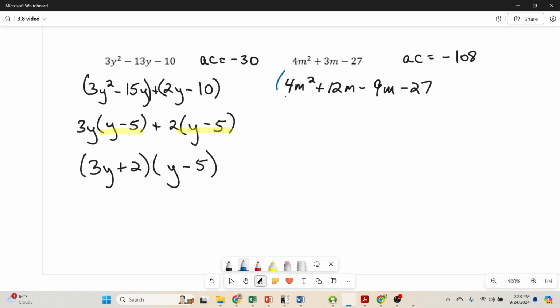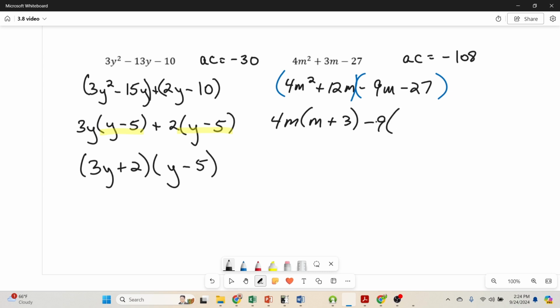Again, we're going to group this, and when I have a minus sign, I like to put the parentheses in front of that, because that's why I know I'm going to factor out a negative value. Greatest common factor between 4 and 12 is 4, and there's an m in both, so I'm going to take an m out. 4m squared divided by 4m is m. 12m divided by 4m is plus 3. 9 goes into both negative 9 and negative 27, so it's going to be negative 9.